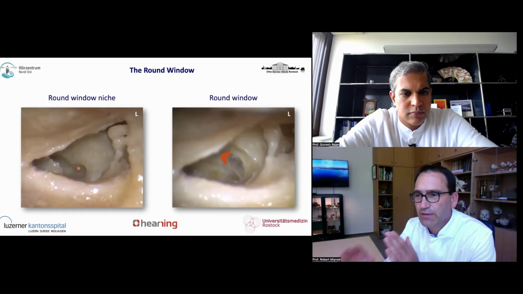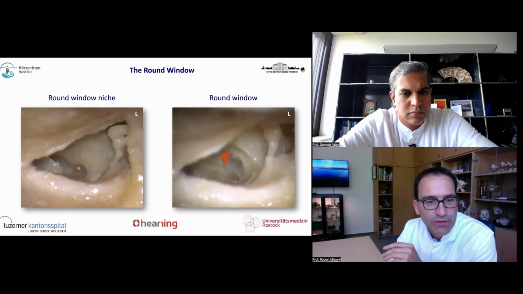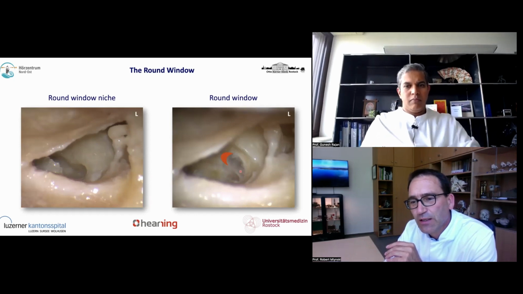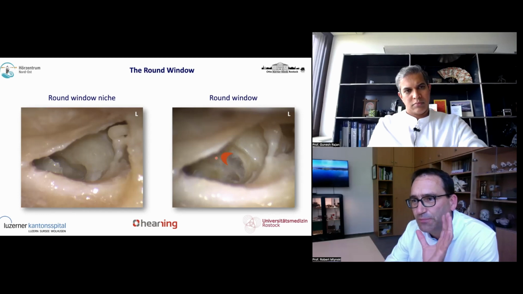We want to have safe access to the scala tympani, and we want to have a trajectory. I think we need to expose the membrane as much as possible. This would be the way of the scala tympani, and this is the hook region which we want to preserve, because the vessels of the endosteum and the spiral lamina are in the lateral inferior part of the scala tympani.